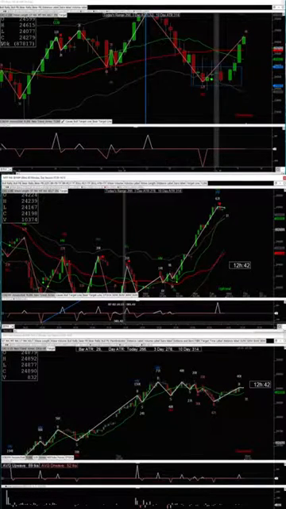So currently, this market is in markup on the hourly time frame. On the daily time frame, it is not in markup at all. In fact, you could say it's actually a deep pullback on the daily chart of a breakdown.